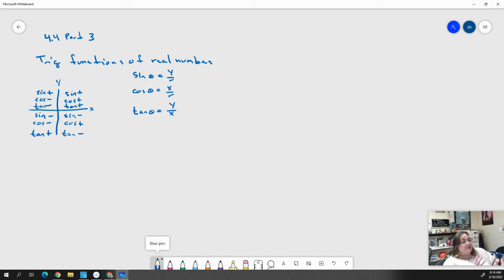So the most important thing to know that's different than any other 30, 60, 90, or pi over 6, pi over 4, pi over 3, is that the only thing that's going to change depending on your quadrant is what sign it's going to be when we find those reference angles.